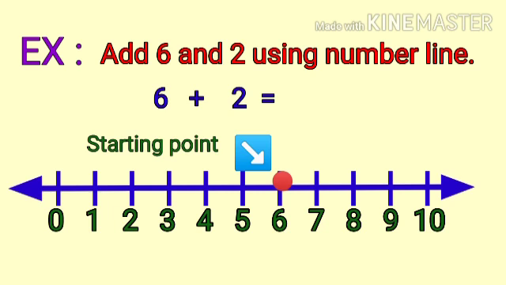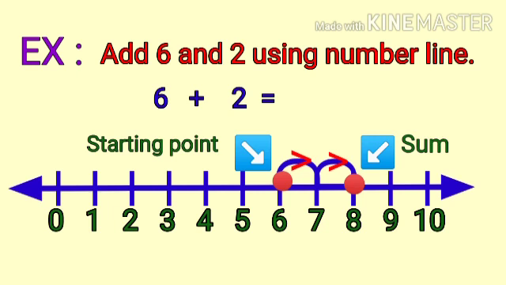We should take the first forward jump from 6 to 7 and the second forward jump from 7 to 8. So, 8 is the final result. Now, we should mark 8 as sum because the result of addition is called sum. So, 6 plus 2 is equal to 8. Is it clear, children?